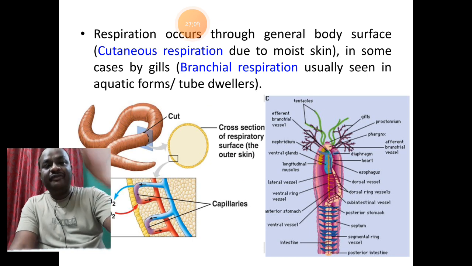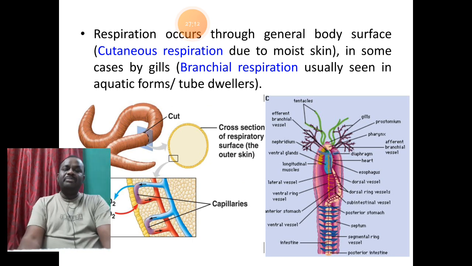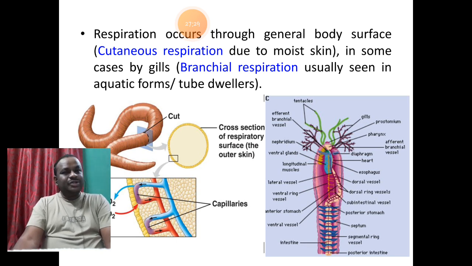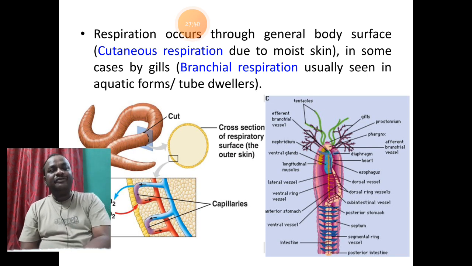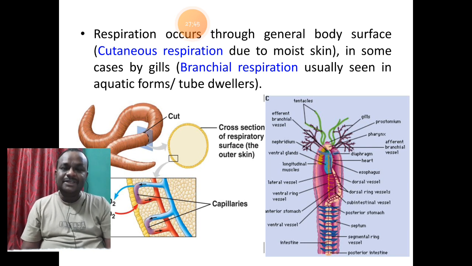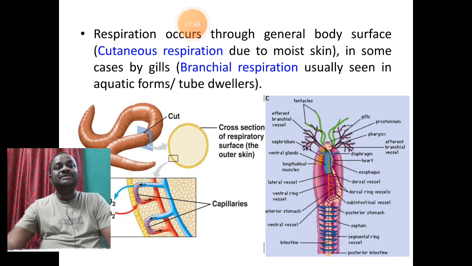Next is the process of respiration. Students, remember, respiration is a phenomenon where gaseous exchange takes place between the atmosphere and the organism. And here in the organisms of annelids, it shows two types of respiration. As we have understood from the habitat of these animals, annelids show both a terrestrial mode of life as well as an aquatic mode of life. There are animals that live in the water, and there are annelids that live on the land.